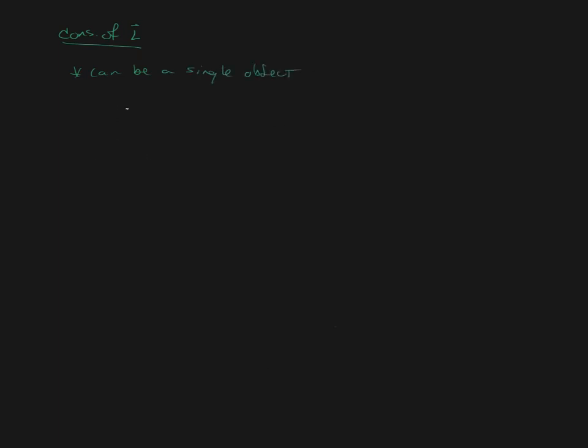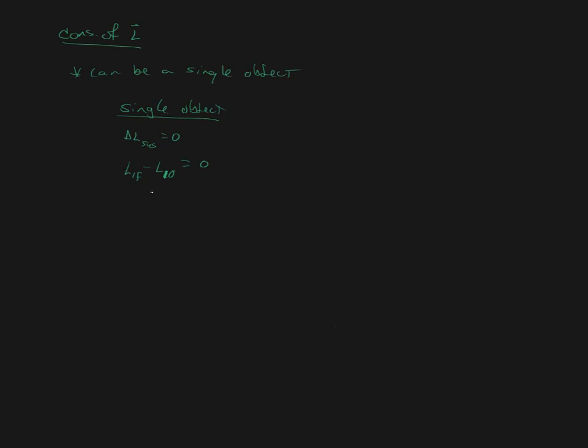Now, if we have a single object scenario, then first of all, going back to basics, delta L of the system is equal to 0. And if we only have a single object, then L1 initial is equal to L1 final.